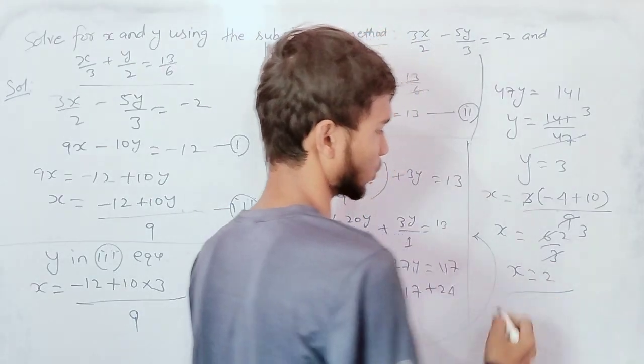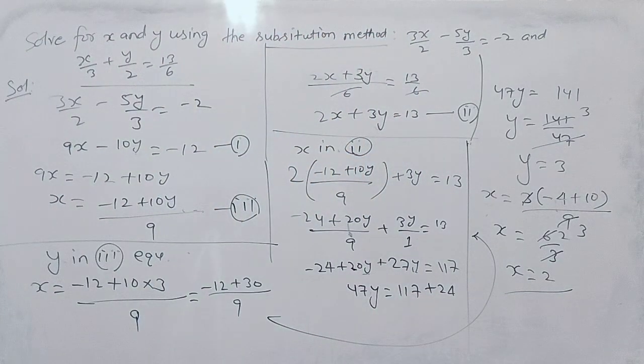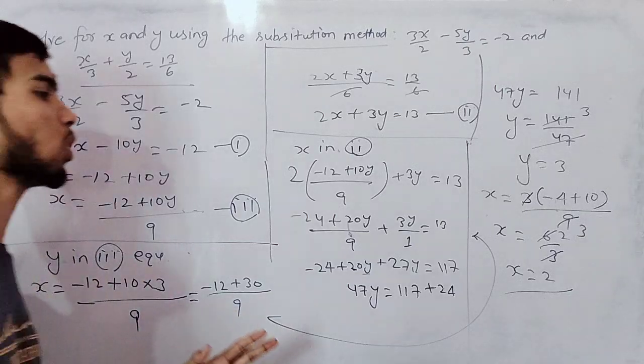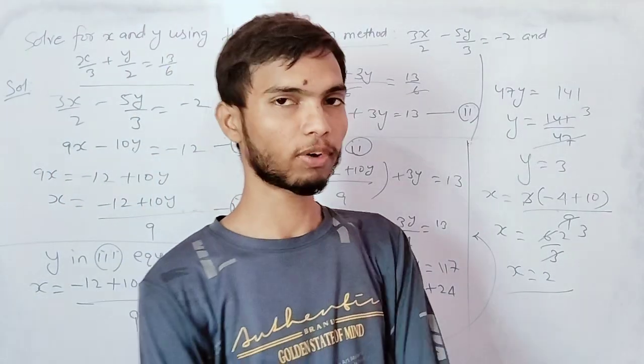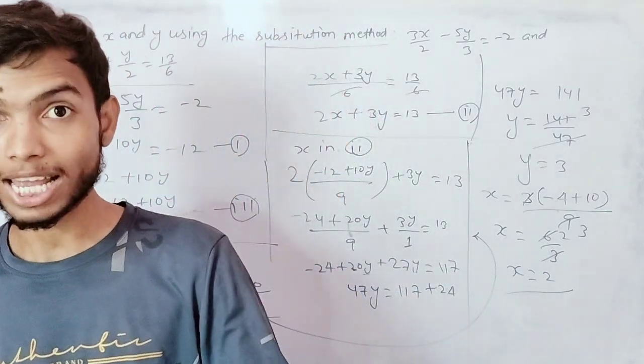X came as 2 and y came as 3. So finally you have the value of x as 2 and the value of y as 3.